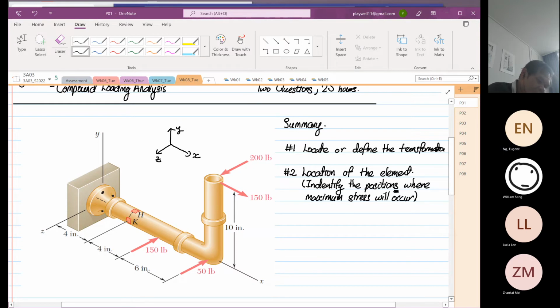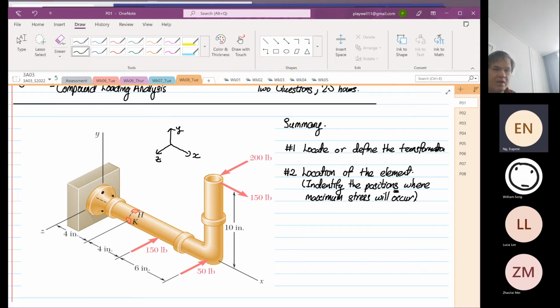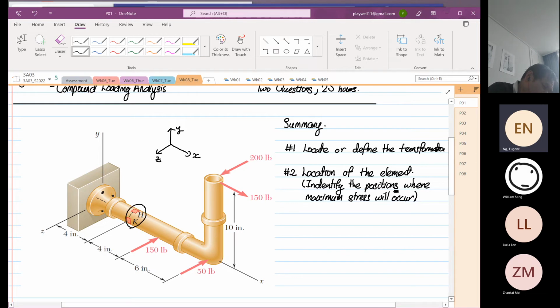Okay, so it's not just one place. Sometimes you're not sure. It's possible to have more than one element position. It's fine. It is okay. Okay, so you locate the position of the element. For over here, we have element H and element K.